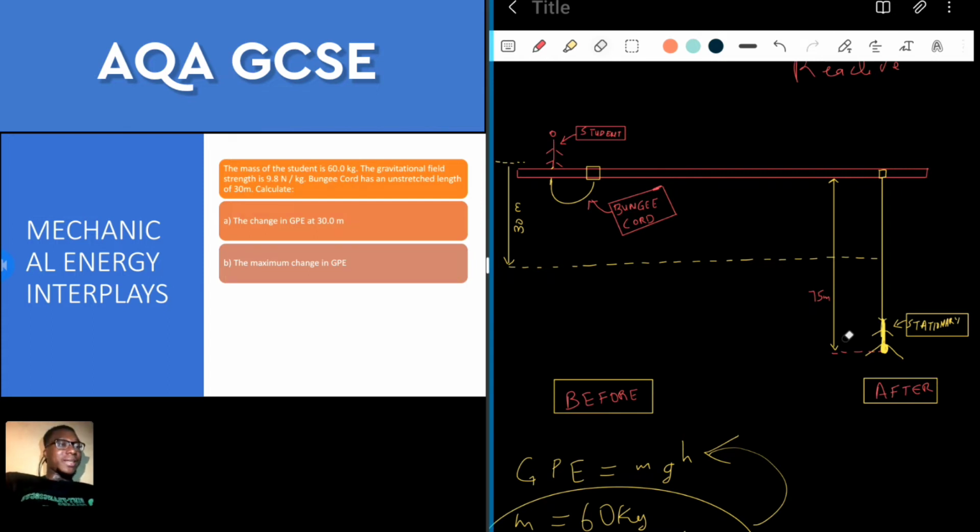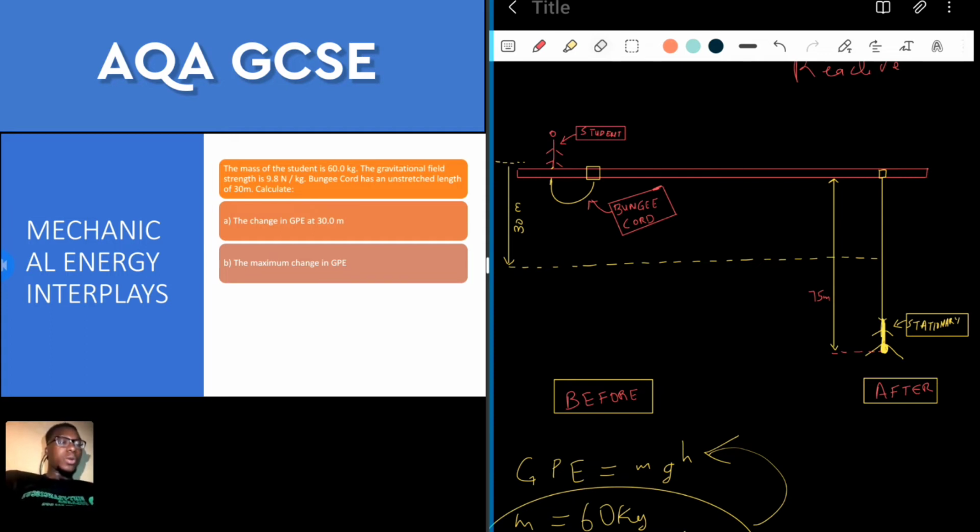So what we're expected to use is the change in height, which is 75. The student is jumping from 0 height to 75. Do not make the mistake of assuming it's from 30 to 75. No, the maximum GPE will only occur when the student jumps from height 0 to height 75.